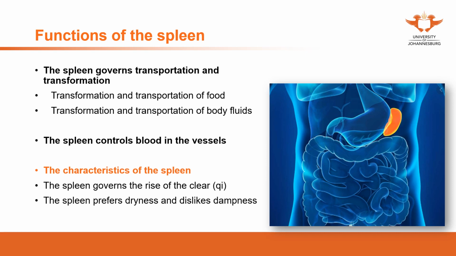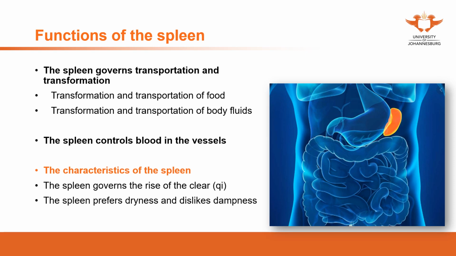So because of these two functions, the spleen disorder will reflect in these aspects, such as the transformation and transportation of food. It can present as food retention, poor appetite. The transformation and transportation of the body fluid can be a water metabolism problem in the body.